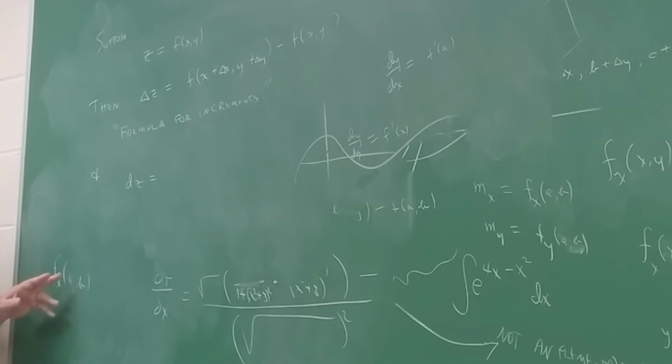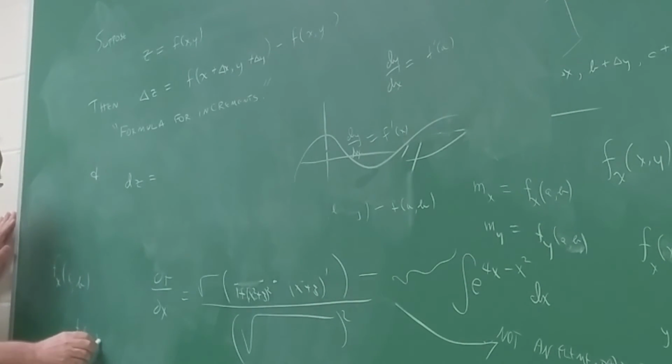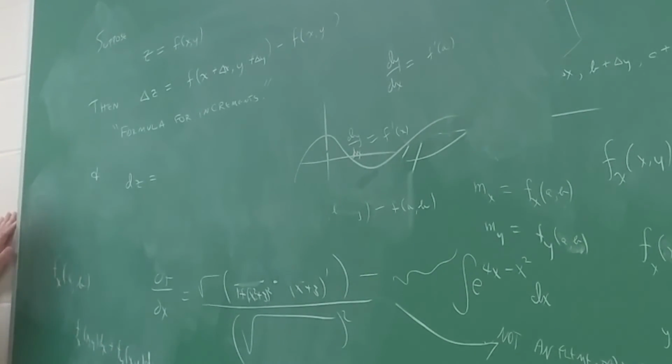So anyway, I'm just going to change this to variables. I'm going to make it f of x y, f sub x of x y, and then times dx, and f sub y of x y times dy. That would be dz. It has the same structure, but now I'm not pinning myself down to just one point. It could work for any point.